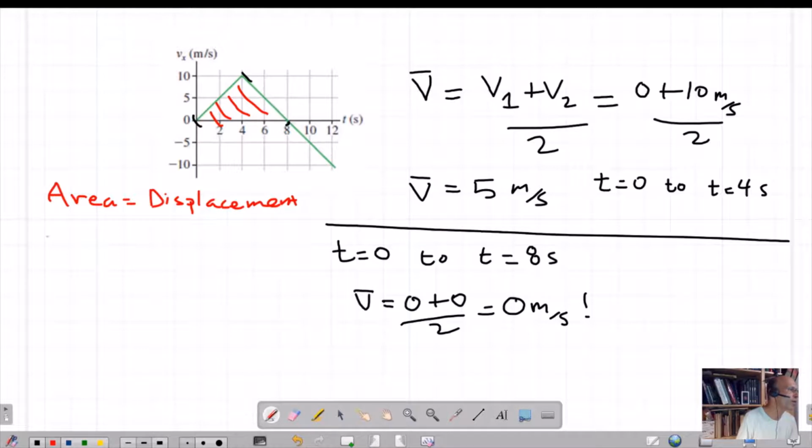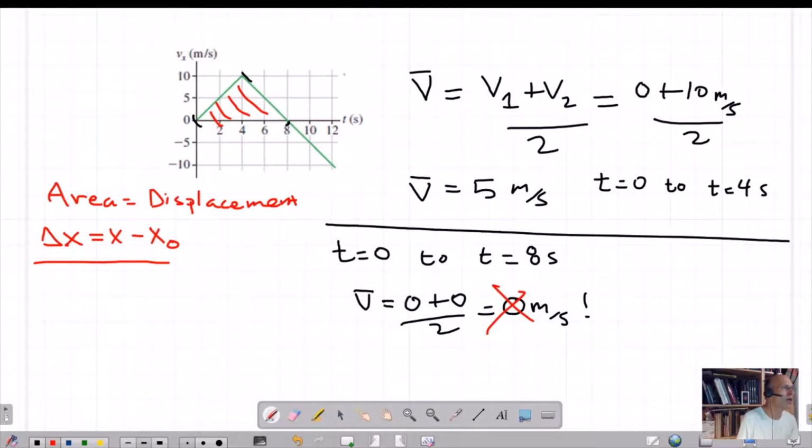Or another way of writing that is change in position equals x final position, minus x naught, initial position. So that area that we could calculate there would be equal to what we'd get if we calculated the displacement. Since there's a positive area, the object would have moved, and 0 meters a second does not make sense.